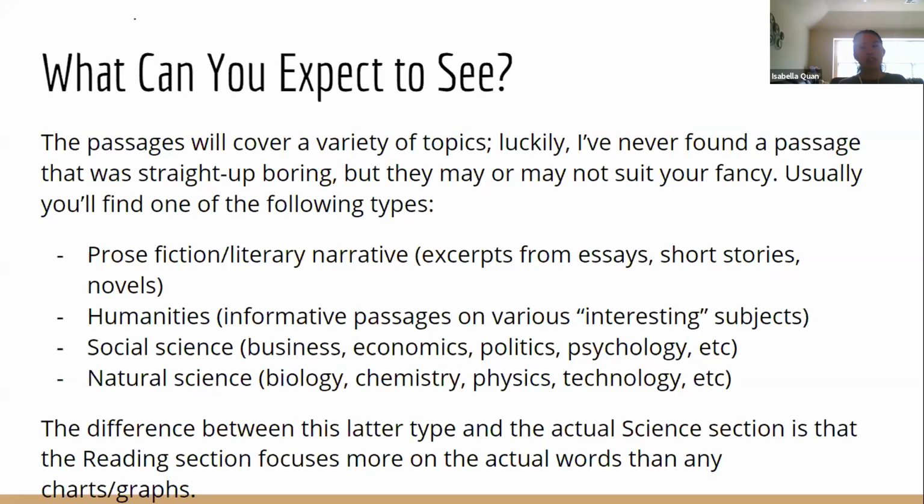But it all falls under humanities, and that's the second type of passage. The third type is social science. This will be something to do with business, economics, politics, psychology: how do people work, and how do people interact with each other. And the last one is natural science. It talks about biology, chemistry, physics, technology, zoology. They like to talk about animals a lot.